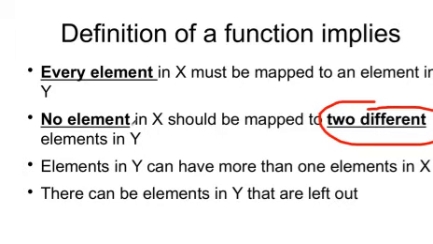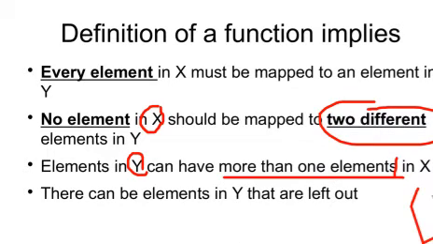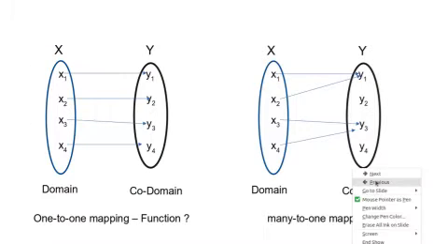So you can have only one unique element in Y for each X in the set of X. So elements in Y can have more than one element in X. So Y can have more than one element, like this. So one Y can have more than one element, right? Two X's. Y can have two X's.